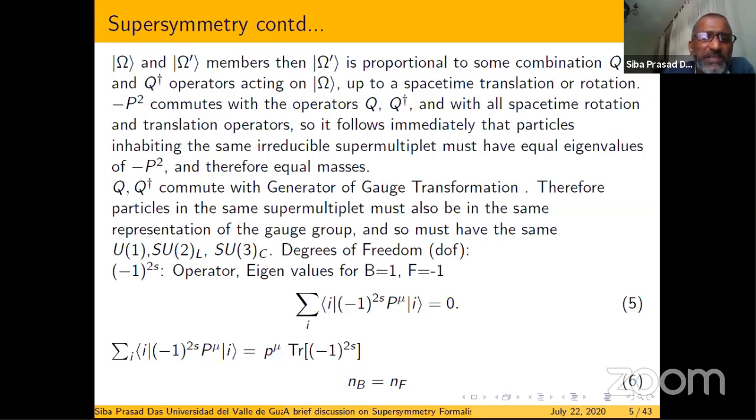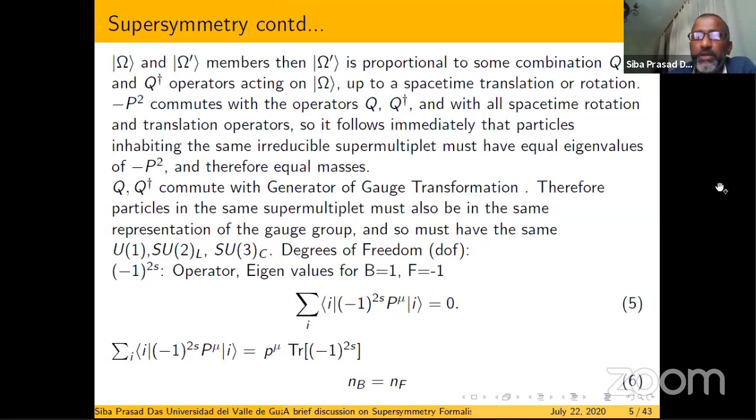So what is supersymmetry? Assume I have a state omega and another member, omega prime. Then omega prime is proportional to some combination of Q and Q dagger operators acting on omega, again like a fermion and a boson. So I have a linear combination of operators acting on omega to give omega prime, up to a space-time translation or rotation.